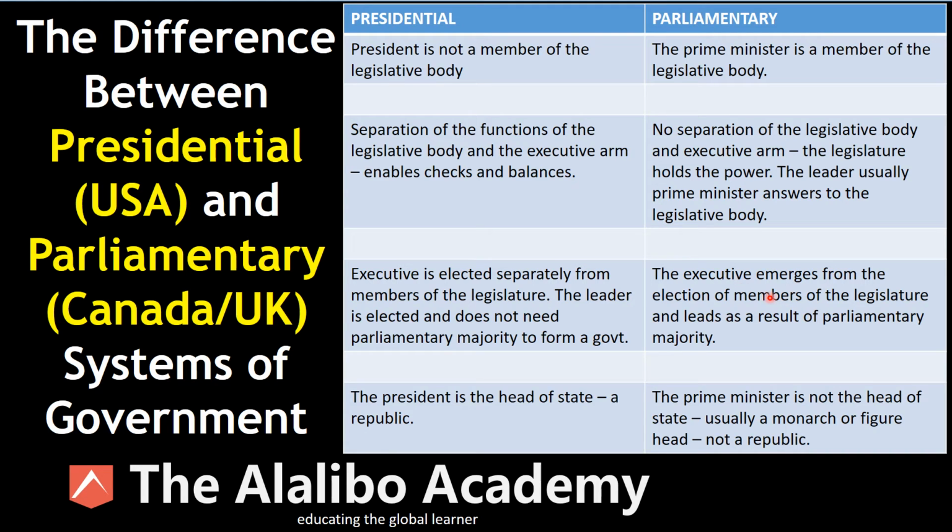The power lies in the legislature, right? So this is a very important difference between the two systems. The executive emerges from the election of members of the legislature and leads as a result of parliamentary majority.